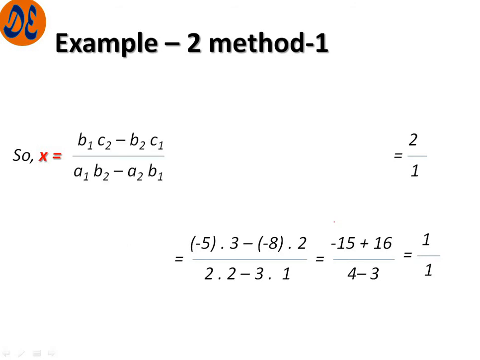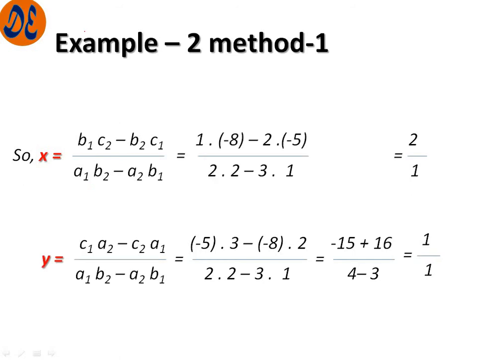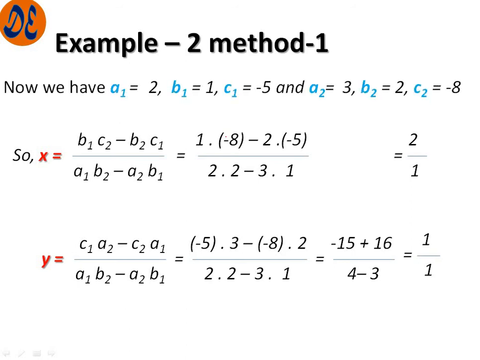So x is equal to, the formula we already have, we are going to implement that formula, and y is equal to, sorry, these slides are running a little bit. Now a1 is equal to 2, b1 is equal to 1, c1 is equal to -5, and a2 is equal to 3, b2 is equal to 2, and c2 is equal to -8.